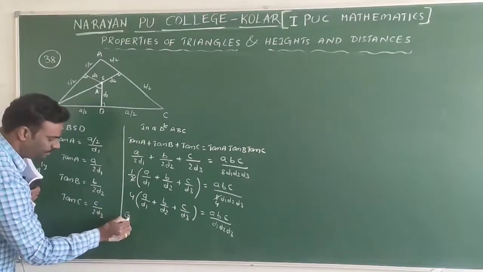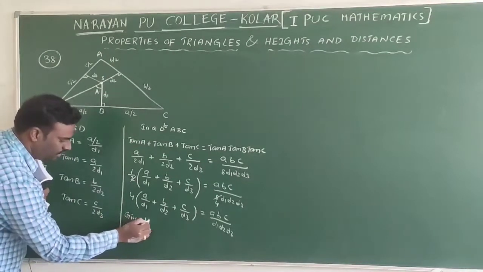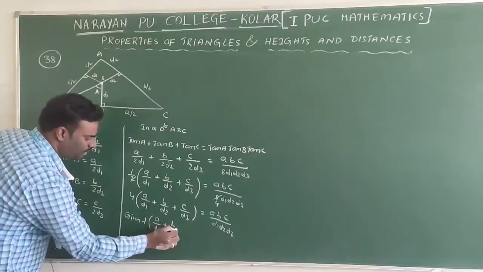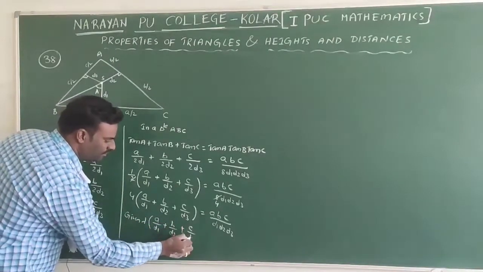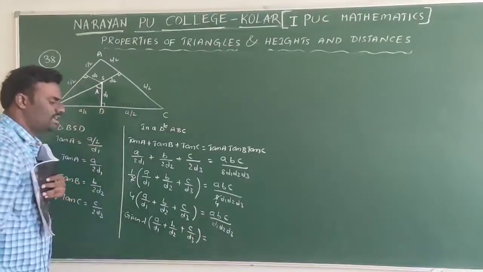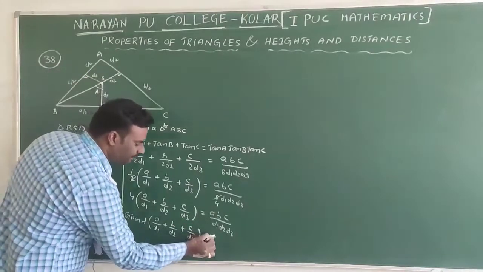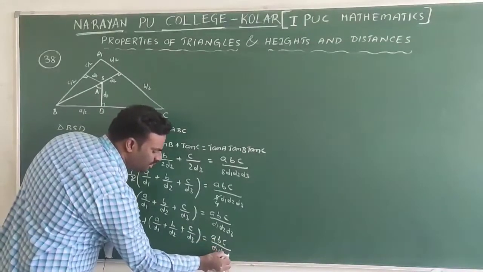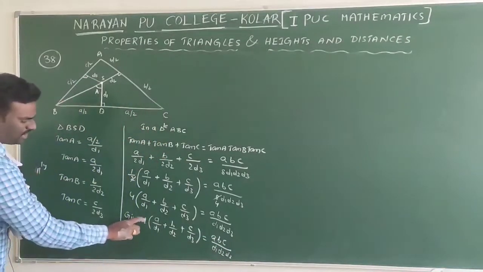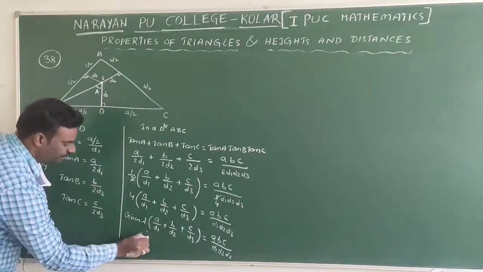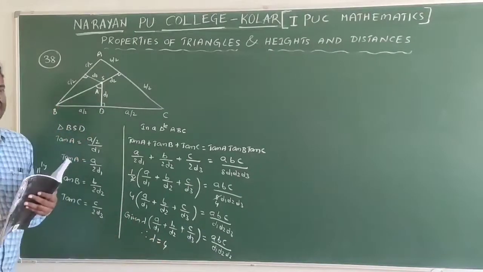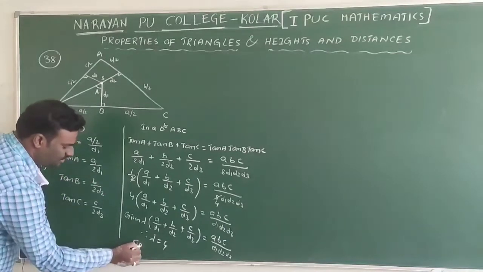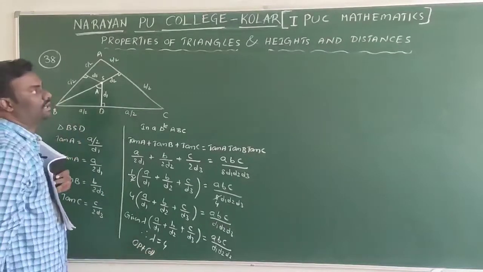Lambda into A by D1, B by D2, C by D3 is equal to, right side is the same, ABC by D1 D2 D3. If you compare this, in place of lambda, what do we have? 4. Therefore, finally we got lambda value as 4. That is nothing but option D is the correct answer.